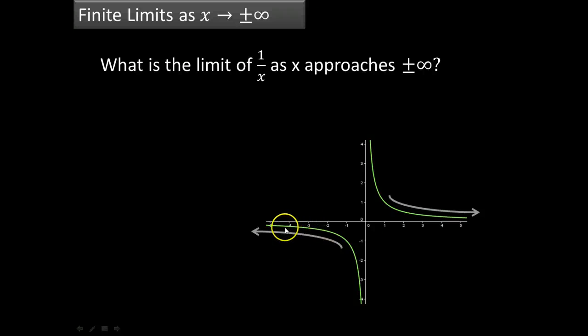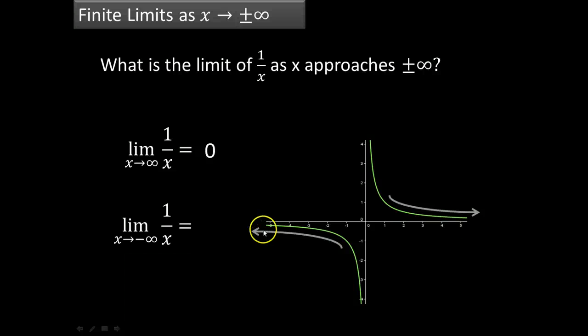As our x's continually get smaller and smaller, our function value is going to approach 0, but never quite get there. So the limit of 1 over x as we approach positive infinity this way is 0, and the same thing happens as we approach negative infinity going this way. We also get our function approaching 0. So our limits for both positive and negative infinity for our reciprocal function are 0.